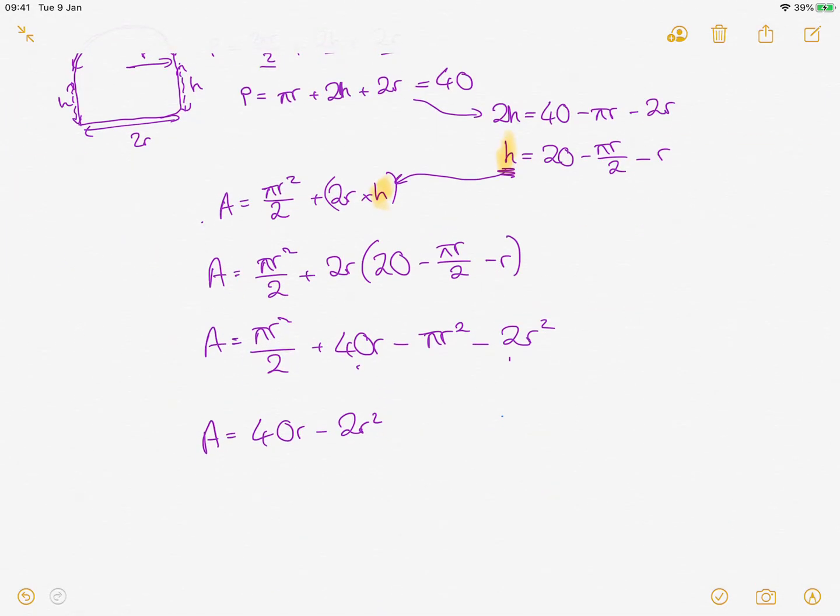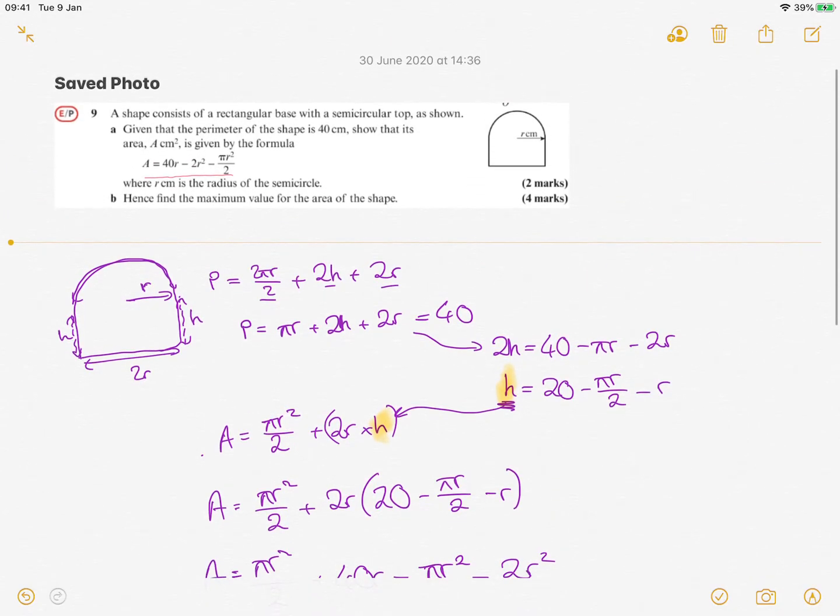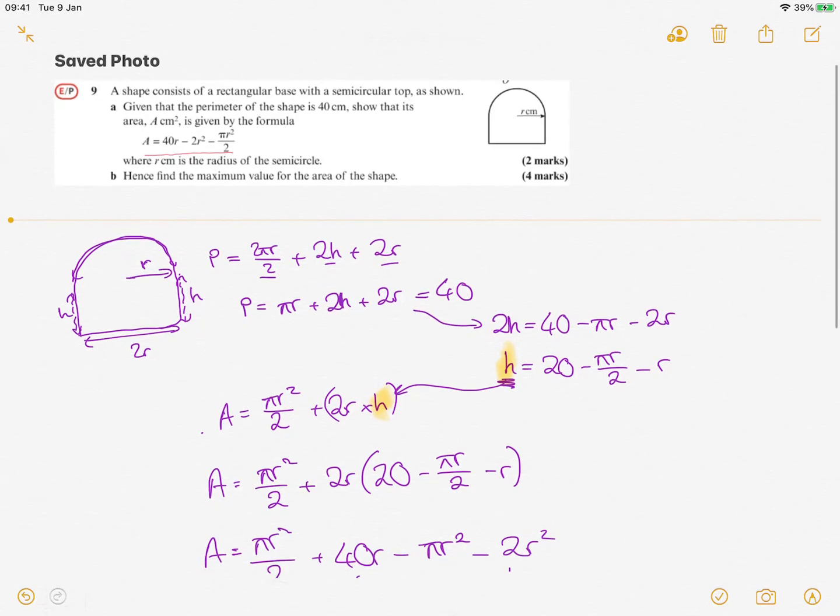So this is pi r squared over 2, take away pi r squared. It's almost like doing 1 minus a half minus 1, because pi r squared is your like term there. So that will get you minus pi r squared over 2. So that's the first bit done. I thought that was quite a lot for 2 marks.